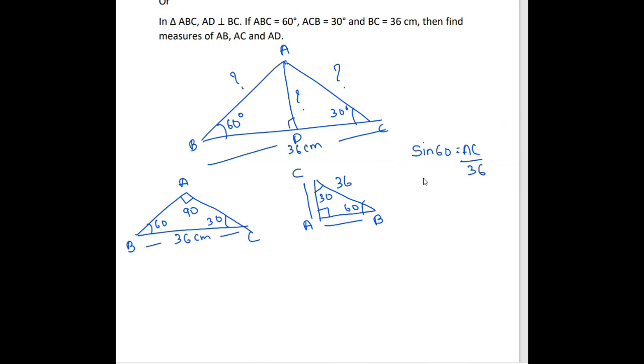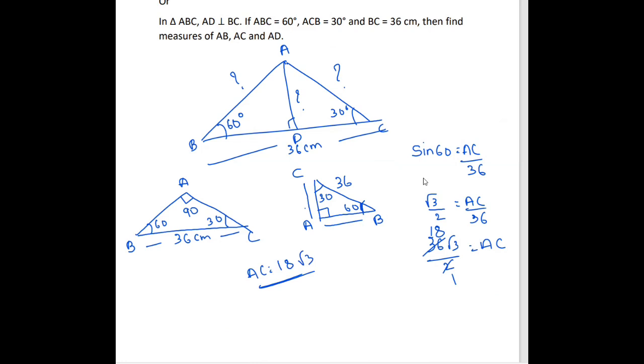Sin 60 is equal to AC by hypotenuse, 36. The value of sin 60 is √3/2. So AC by 36 equals √3/2, so 36 goes up: 36√3/2 is equal to AC. Half of 36 is 18. Therefore, AC value is 18√3.